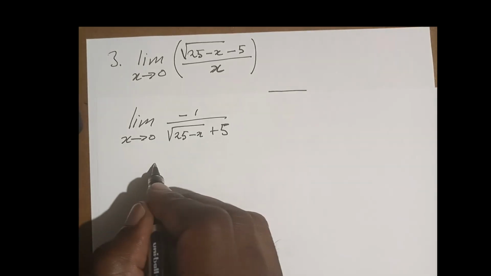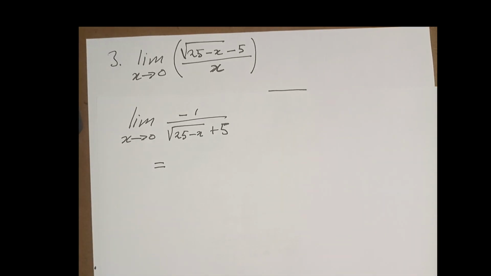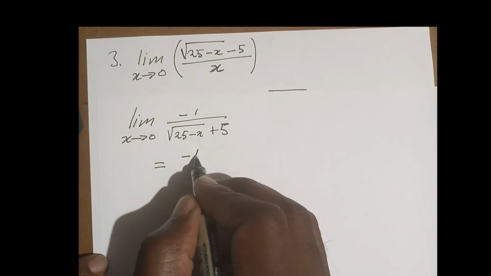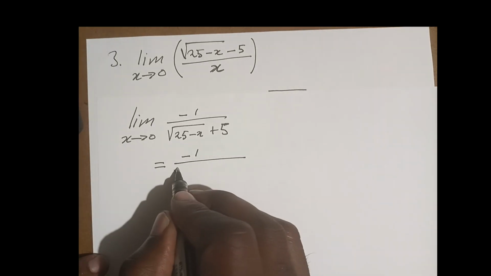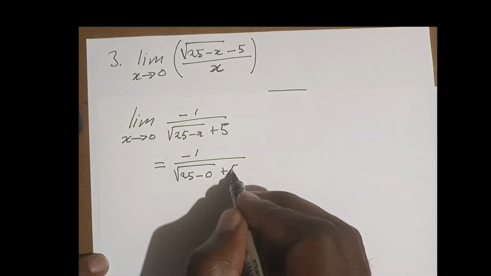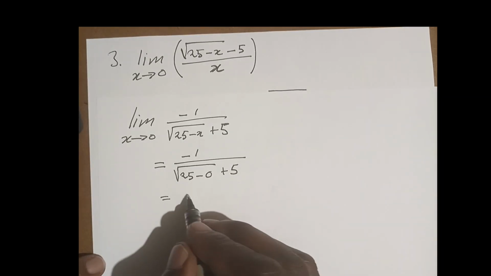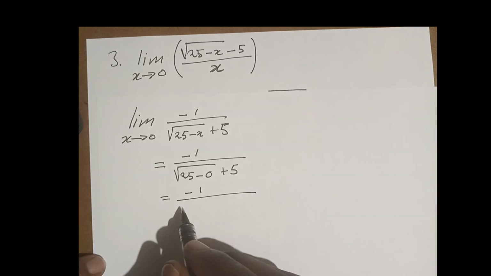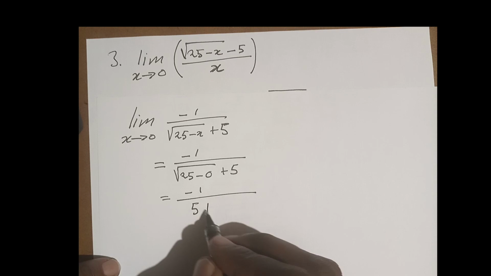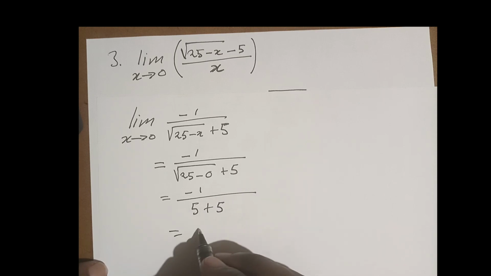Now you can do direct substitution and it will work. So putting 0 where there is x, we're going to have minus 1 over the square root of 25 minus 0, plus 5. Minus 1 over the square root of 25, which is 5, plus 5, so minus 1 over 10. That is your desired limit.